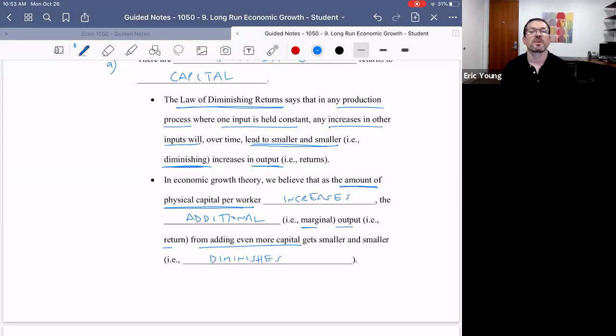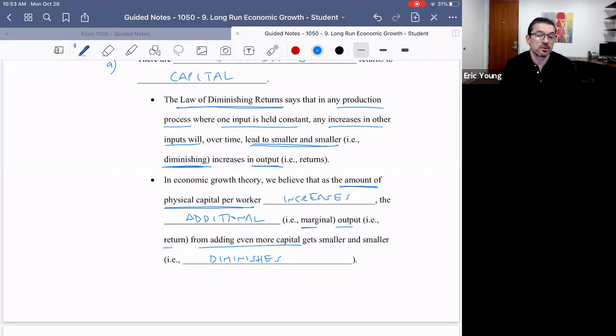it diminishes. I mean, you can imagine something as simple as you have a pizza shop. You have 5 workers who work there. You buy one oven, the productivity goes up. You buy another oven, the productivity might go up a bit. But as you keep adding ovens, each additional oven, each marginal oven will not raise production by all that much more.